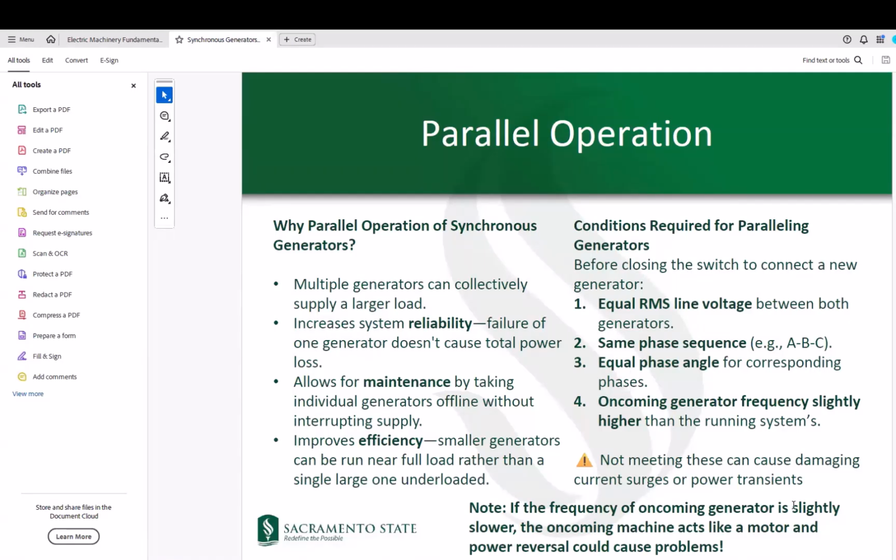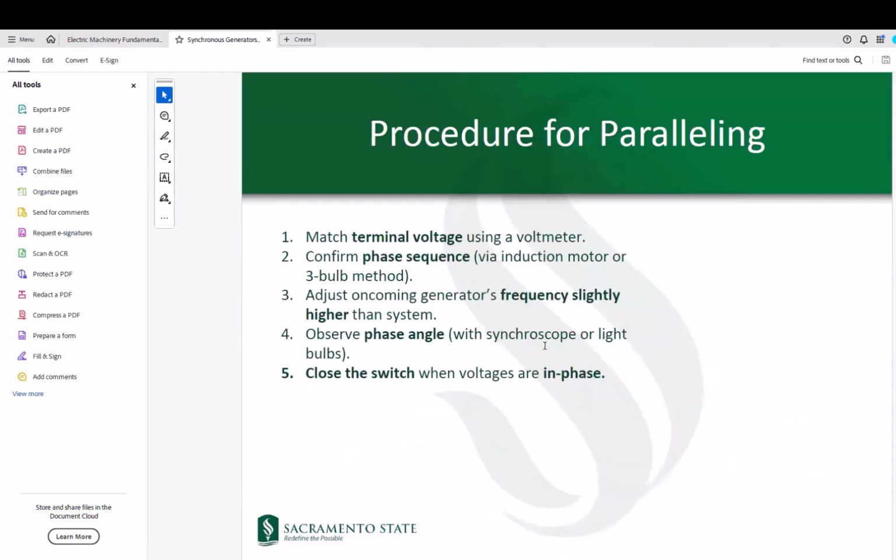So usually generators have relays that avoid the reversal of the power. That does not allow the system to come into circuit, and it can cause some other failures as well. So we need to make sure that we follow all of these conditions. Not meeting these can cause damage, current surges or power transients. So make sure that we pay attention to all of these.